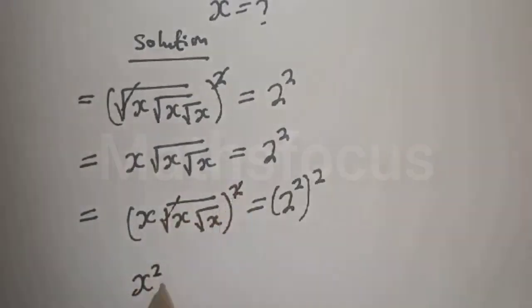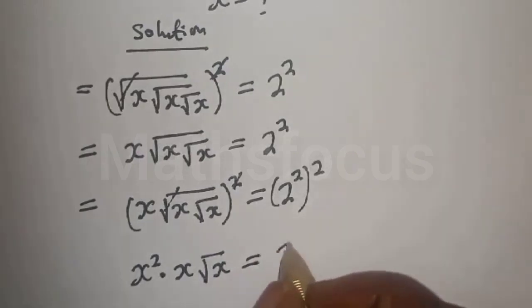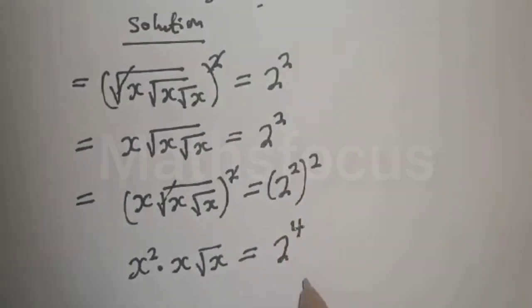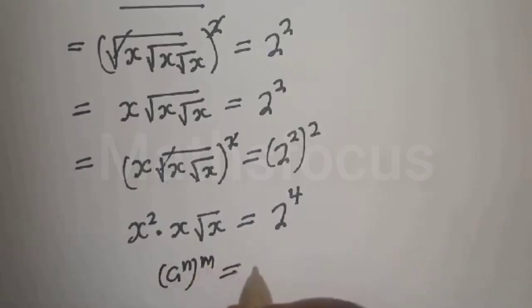This one will cancel this, multiplied by the square root of s is equal to 2 raised to power 2 times 2, 4. That is, from this exponential rule, that a raised to power n to the power of m is equal to a raised to power nm.